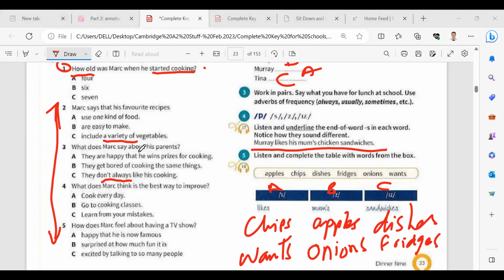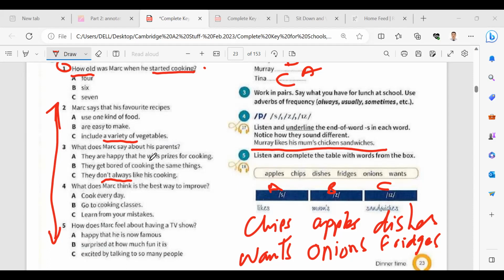Apples, chips, dishes, fridges, onions, wants.